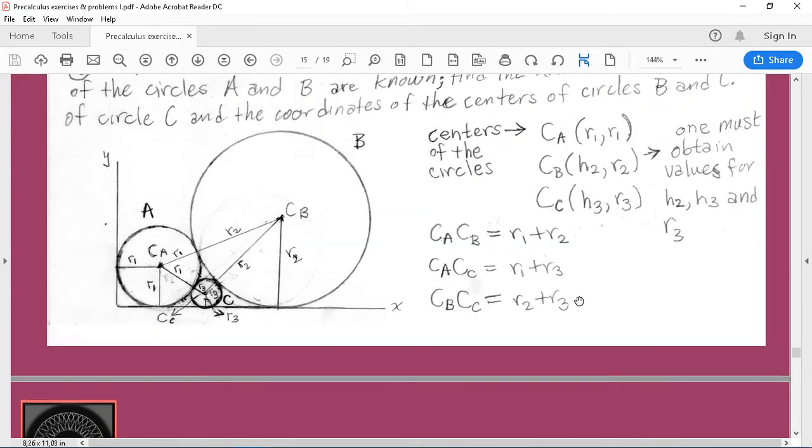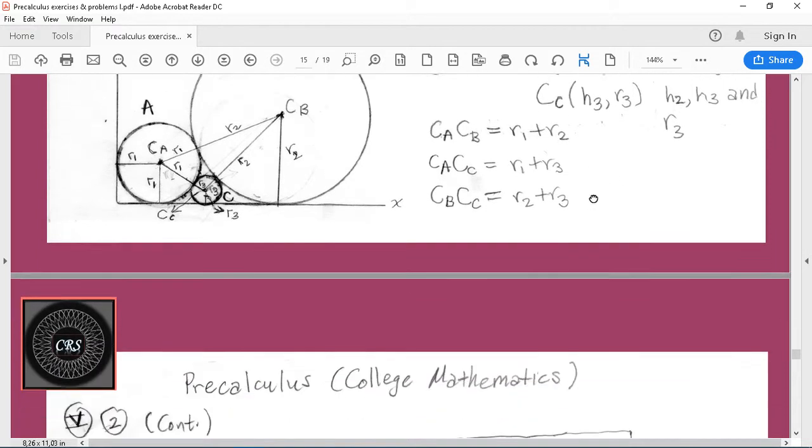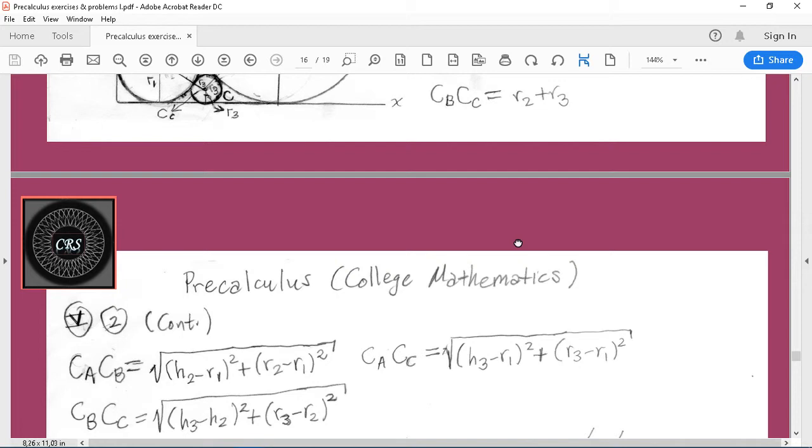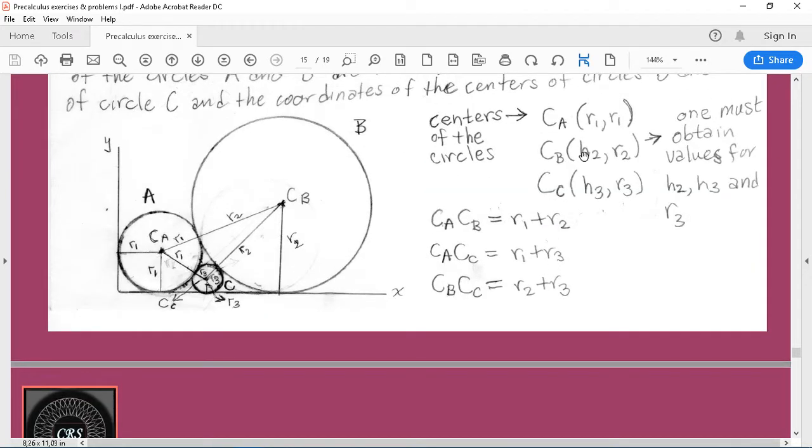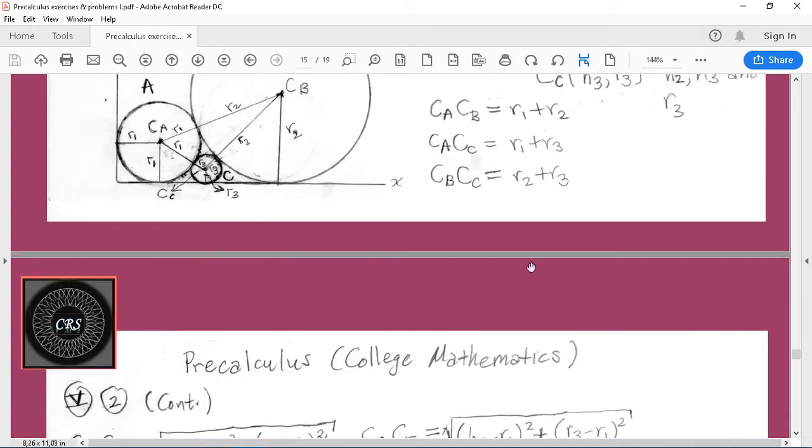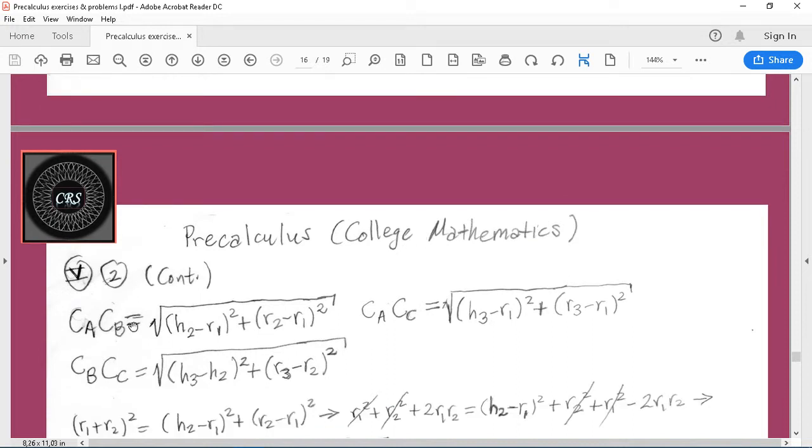Now, recurring to the Pythagorean theorem, we have that CACB equals the square root of the square of H2 minus R1 plus the square of R2 minus R1.